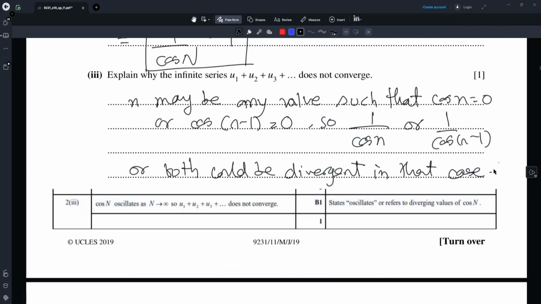Cos n oscillates as n goes to infinity, so it does not converge. Or it states oscillates or refers to divergent values of cos n. As I said, n may be any value such that cos n equals 0 or cos n minus 1 equals 0, so this or both could be divergent in that case. If this becomes 0, then there are certain divergent values. So yeah, that's it.